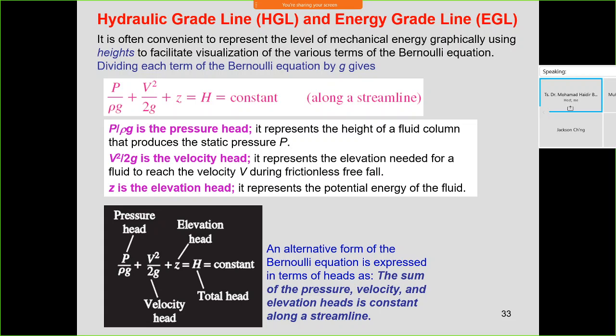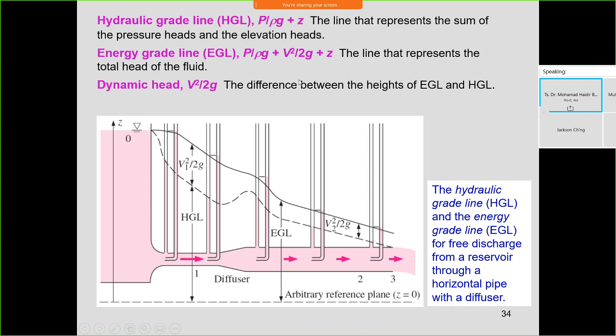The HGL and EGL are what is always used. Normally engineers like illustration; they don't like the values. So what they look at at any point is the HGL and EGL.